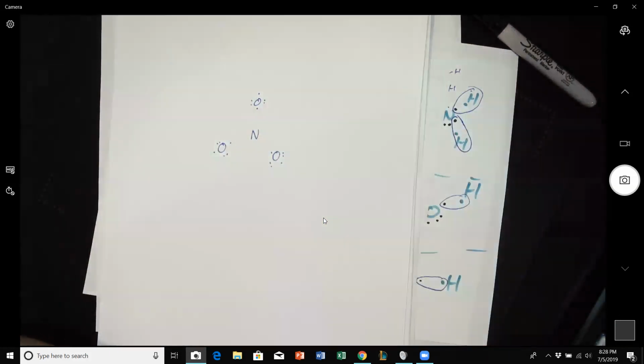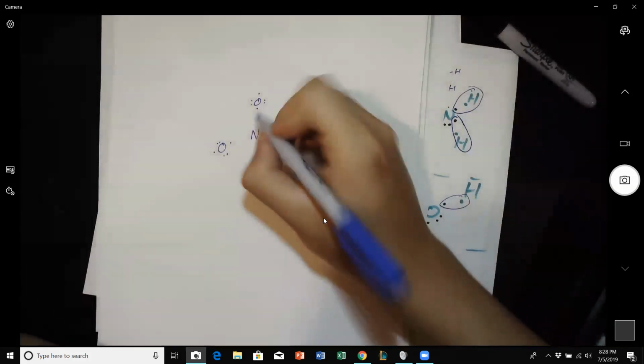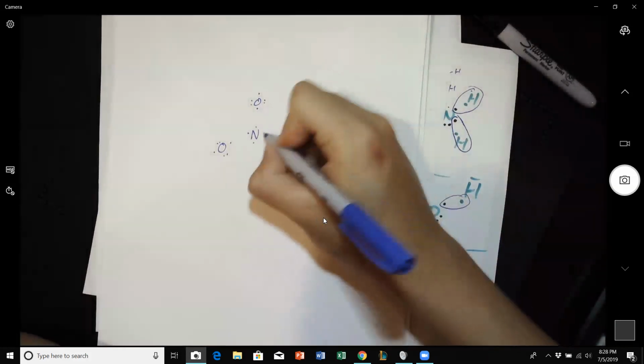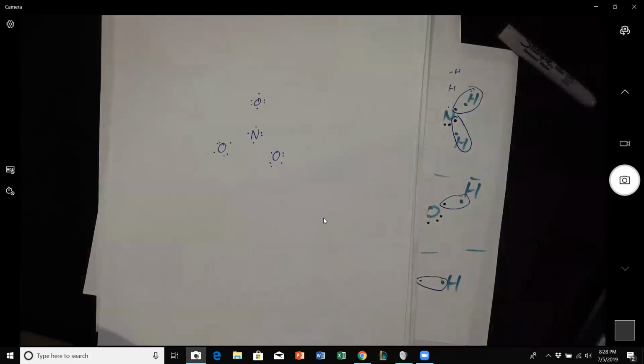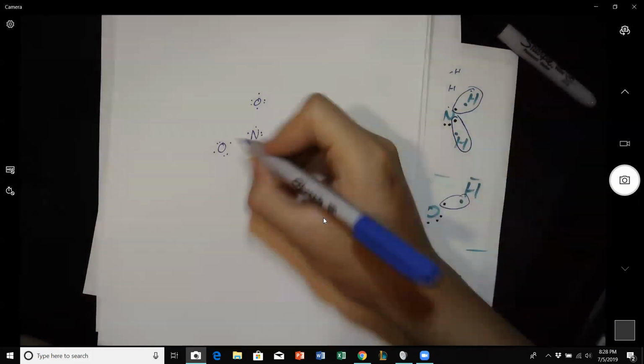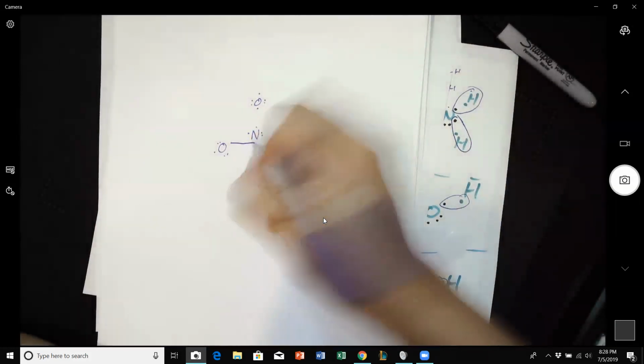Is anyone confused? Does everyone understand how I came up with this picture? Each oxygen starts off with 6 electrons and each nitrogen starts off with 5, right? Okay, so now let's just form a single bond.